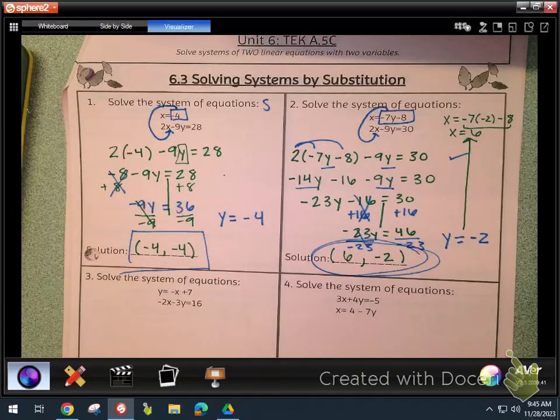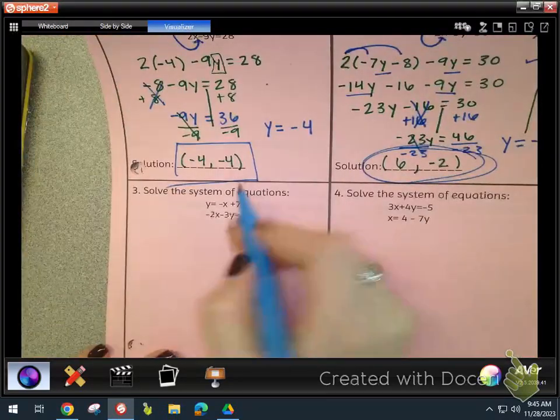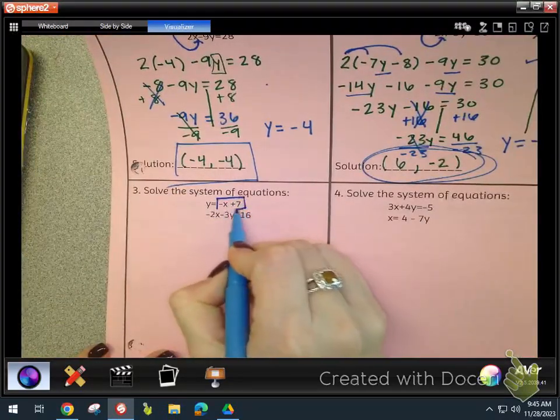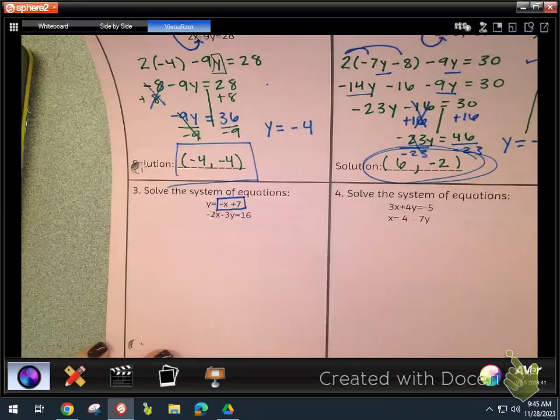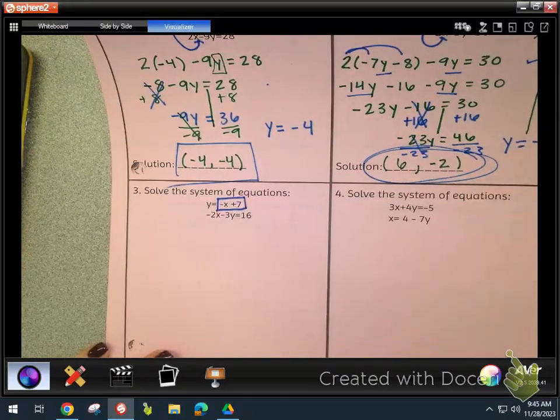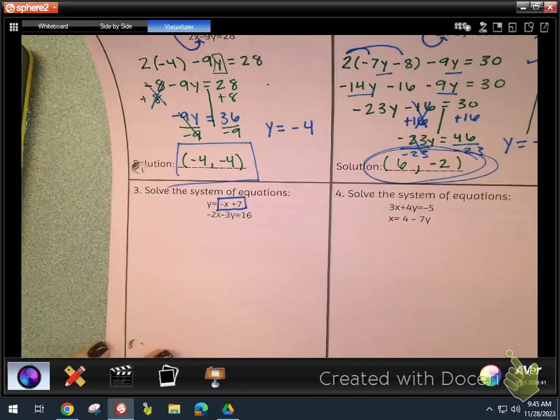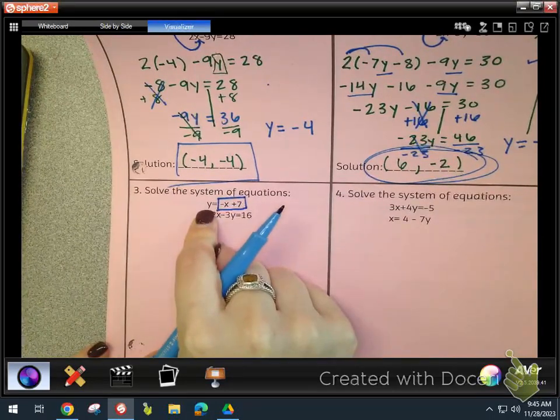And after the equals is where the box goes. So where does my box go? Negative x plus 7. Now, what is the box equal to this time? Y. So where are you going to draw your arrow to?